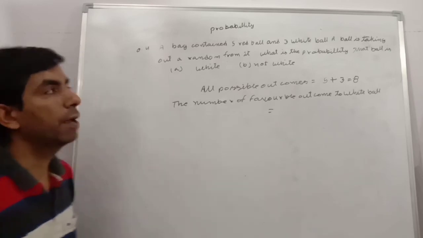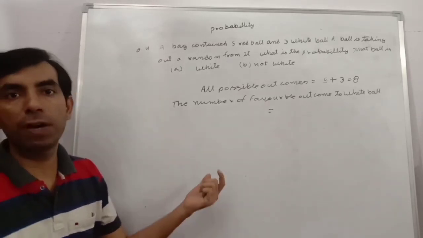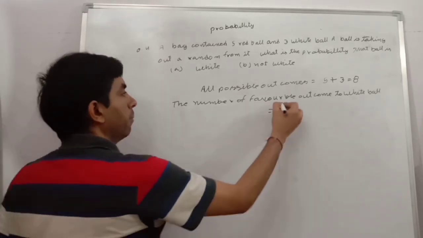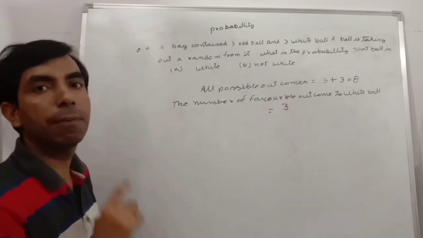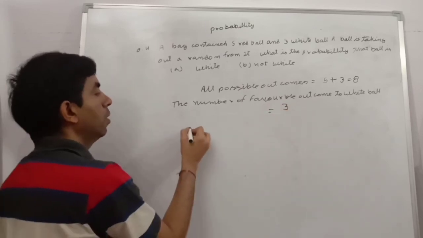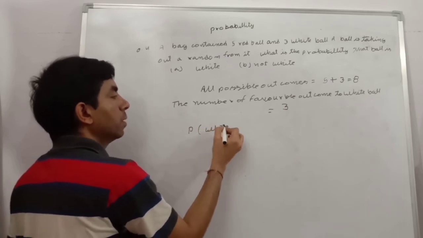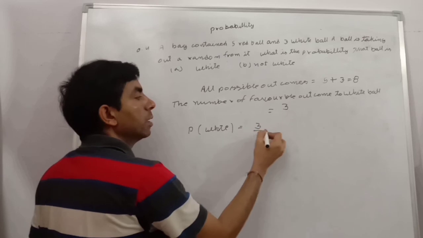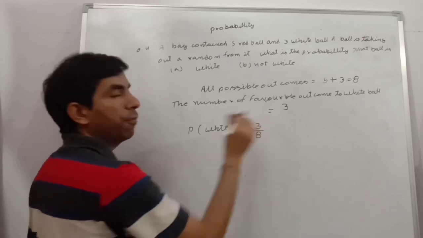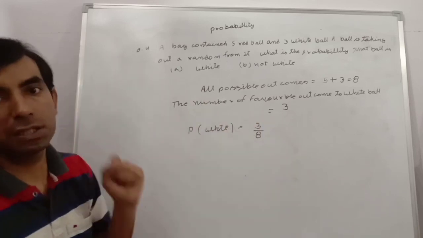We know that here white balls are 3, so the number of favorable outcomes is also 3. By this method we can easily find the number of favorable outcomes for a white ball. For the probability of a white ball, we get 3 upon 8, because the number of favorable outcomes is 3 and all possible outcomes is 8.